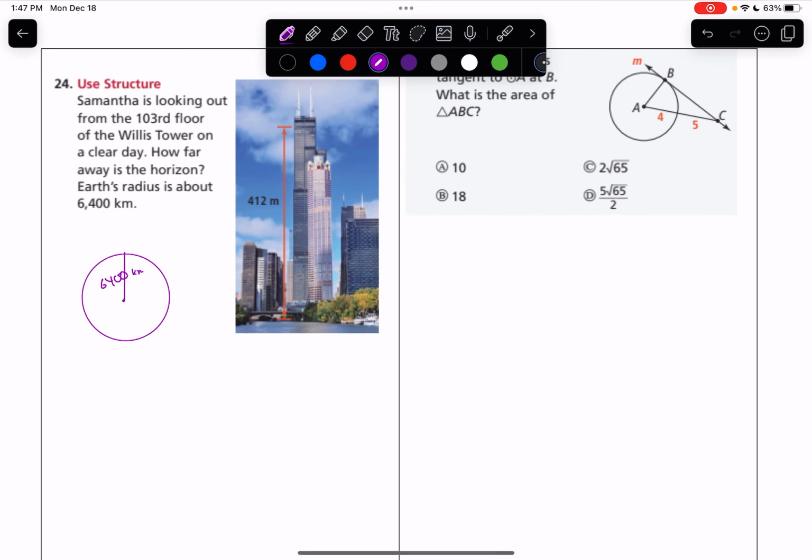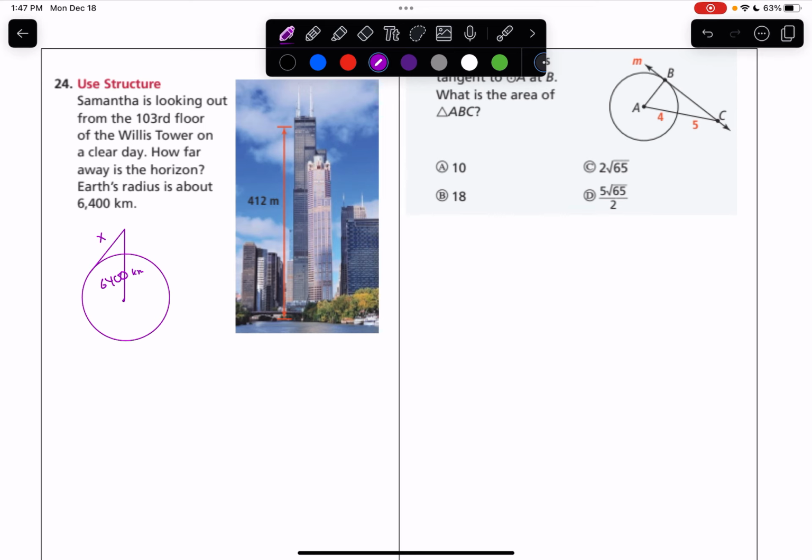We've got the Willis Tower, which we're going to exaggerate greatly. And from the top of the Willis Tower, we're going to look at the horizon, tangent to the circle at the horizon. We are trying to figure out how far away the horizon is. That would be x there.